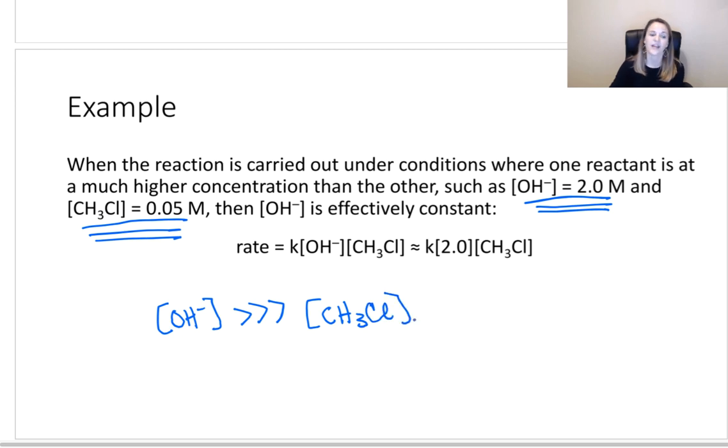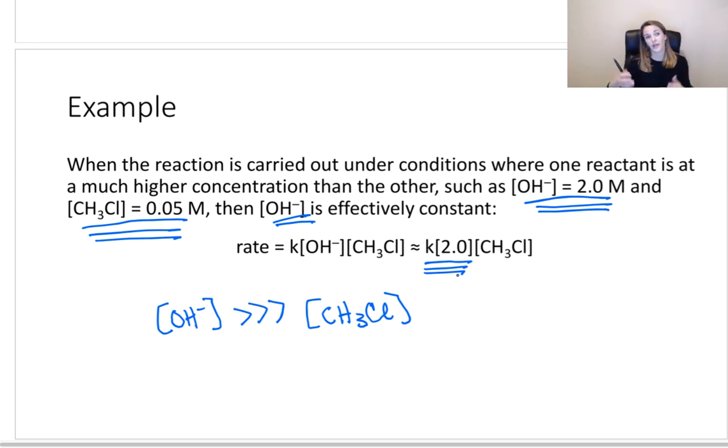When that happens, we basically think of the concentration of hydroxide as essentially constant, meaning it's not going to change relative to the one that we have very little of. So we take the concentration of the one that's super concentrated, in this example the hydroxide ion, and plug that right in and think of it like the rate constant.